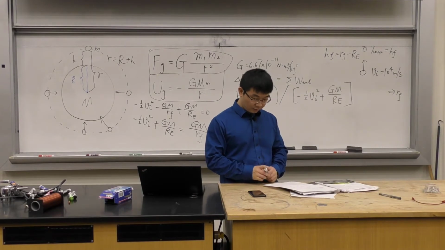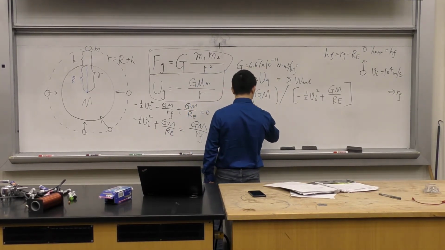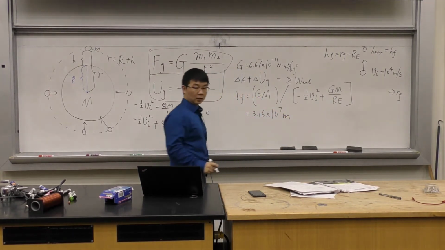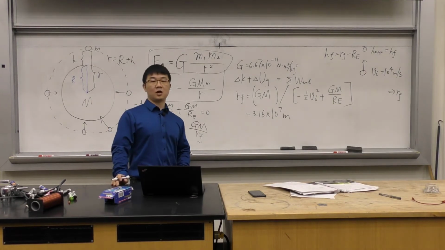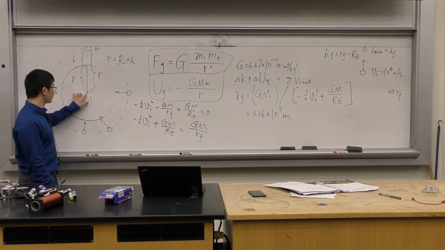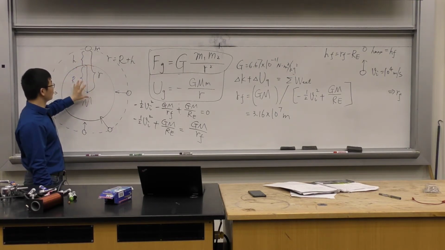This RF, you're going to find it's going to be this. Okay? Some people, they will stop here. This is not the height. This is only the distance from the center to where the projectile is at the end, at the maximum height, right? But the problem doesn't ask you this total.